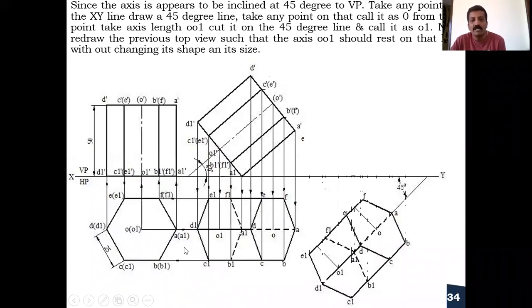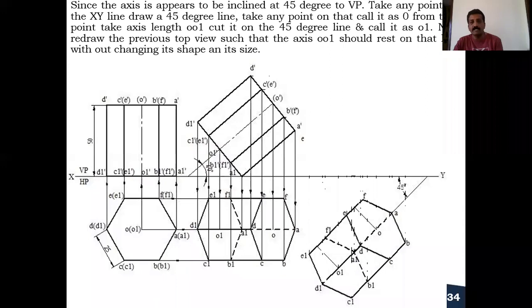O to A distance I can take and get A. O to D distance I can take, I can mark D. O to A1 distance I can take, I can mark A1. O to D1 distance I can take, I can mark D1 also. On the same 45 degree line, whatever points you are getting, you can mark them.